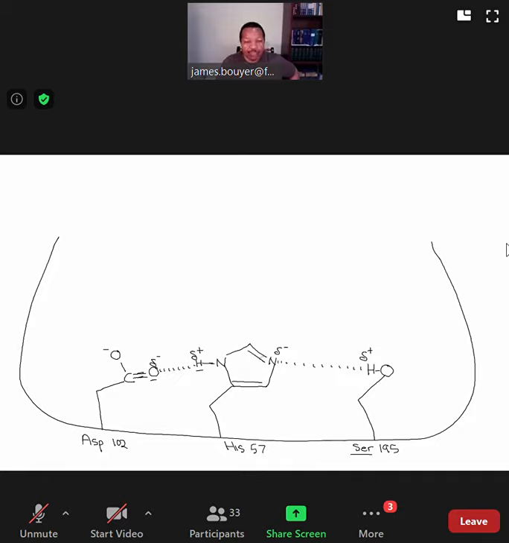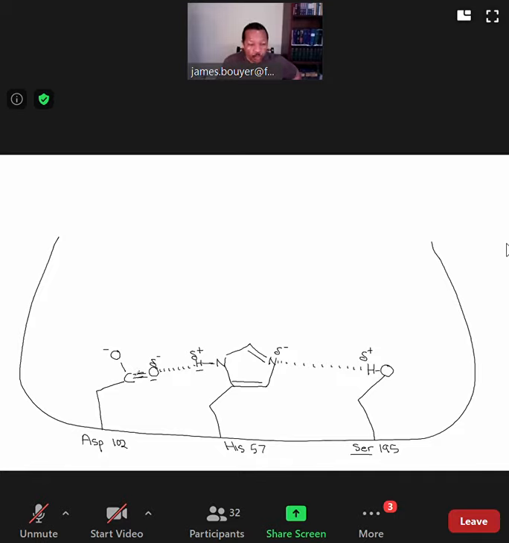If it was flipped 180 degrees, then this nitrogen with this hydrogen with a partial positive charge would be facing a hydrogen with a partial positive charge, and this hydrogen would not be lost. So the only way for this to happen is for the histidine to be locked in this orientation, and that's what this aspartic acid does.